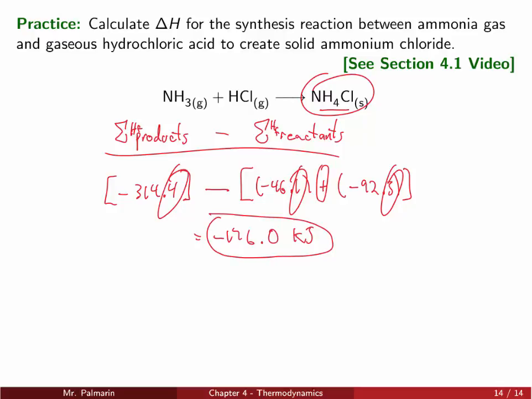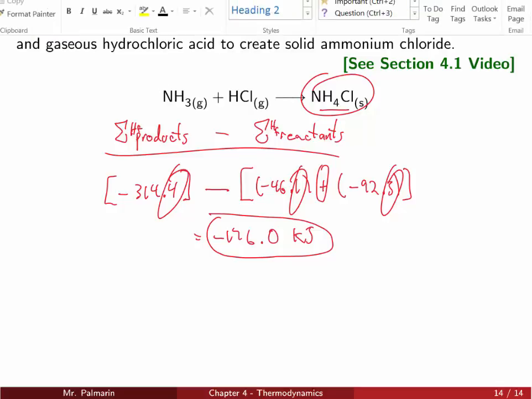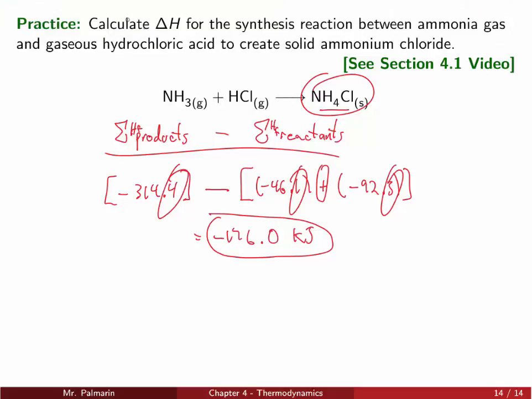The reason it's in kilojoules, and perhaps this is not the greatest example, is that the coefficients of 1 are in front. These coefficients are actually being placed into this equation. I'm going to rewrite it so you can see.